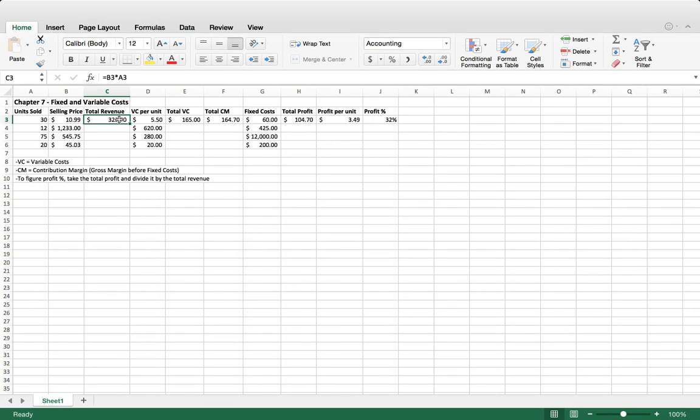What's great about these spreadsheets is all we have to do is copy these formulas and we should be able to solve the rest of the problems, right?